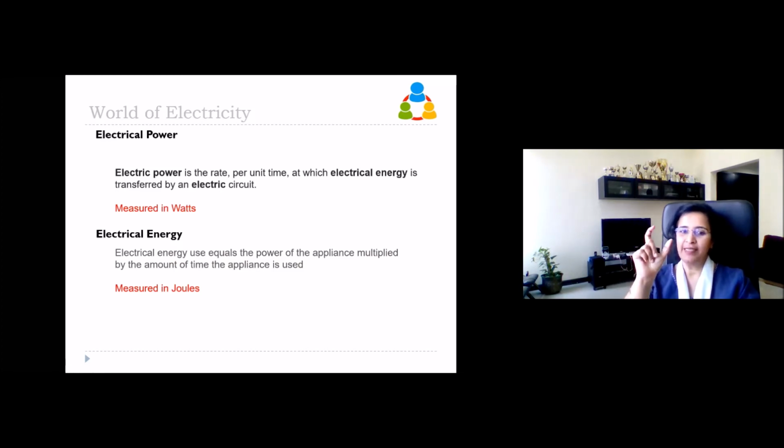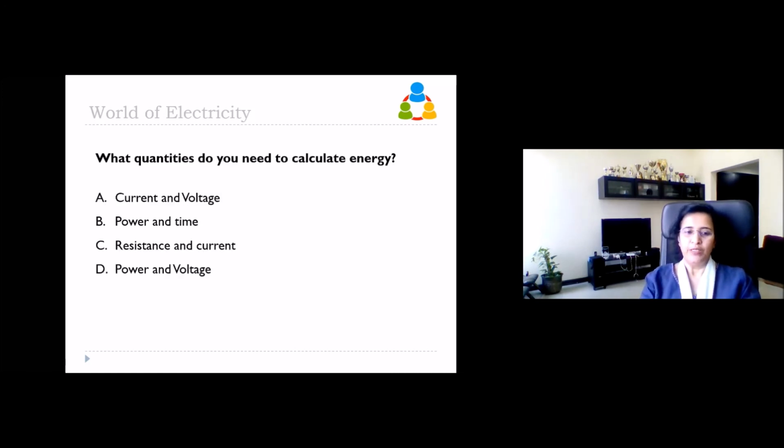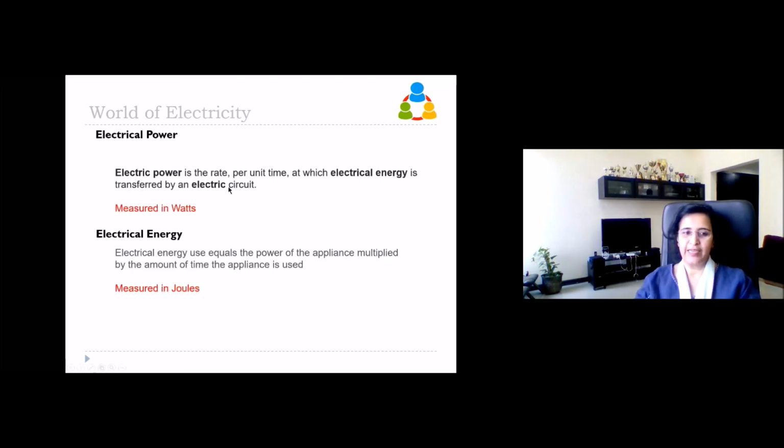It is the rate at which electrical energy is transferred by an electrical circuit. So the wattage is called electrical power. Now electrical energy is the time multiplied by the electrical power. We learned earlier that power is the multiplication of voltage and current, and electrical energy is power multiplied by time, right?